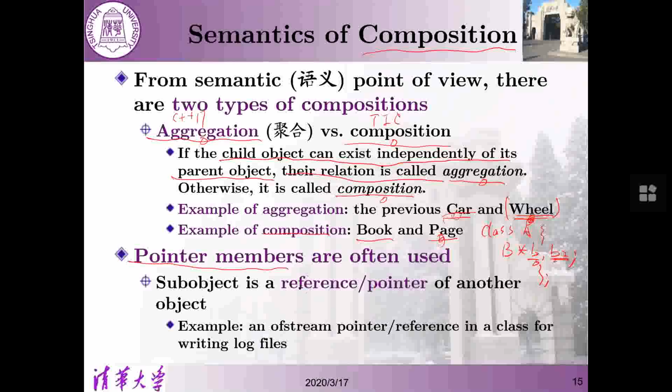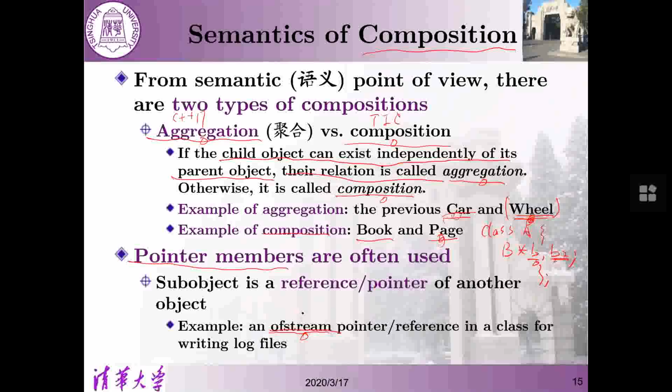Especially in some cases, pointers are necessary because we just learned that ofstream cannot be passed by value. So a class cannot have an ofstream member object, I think.